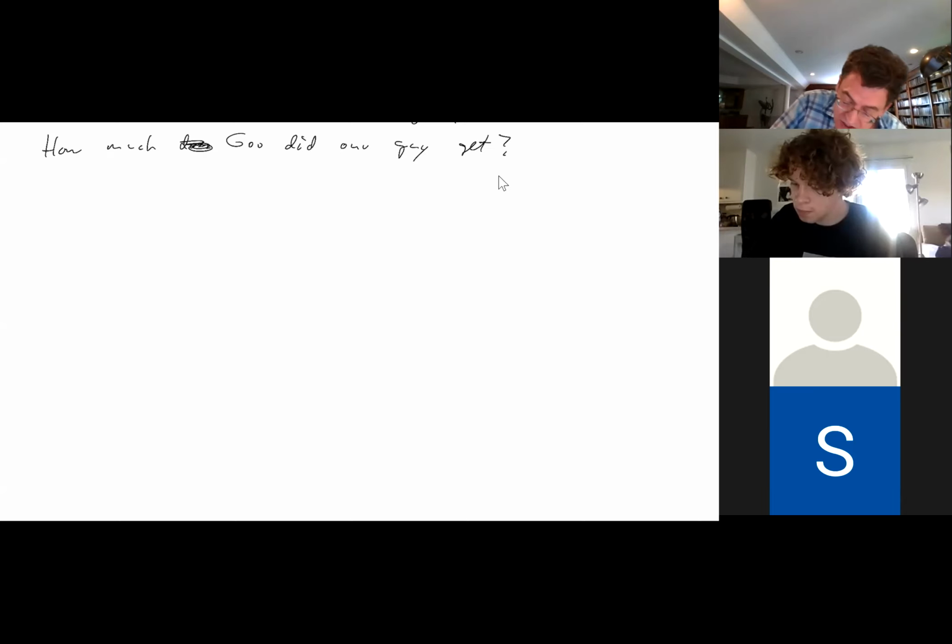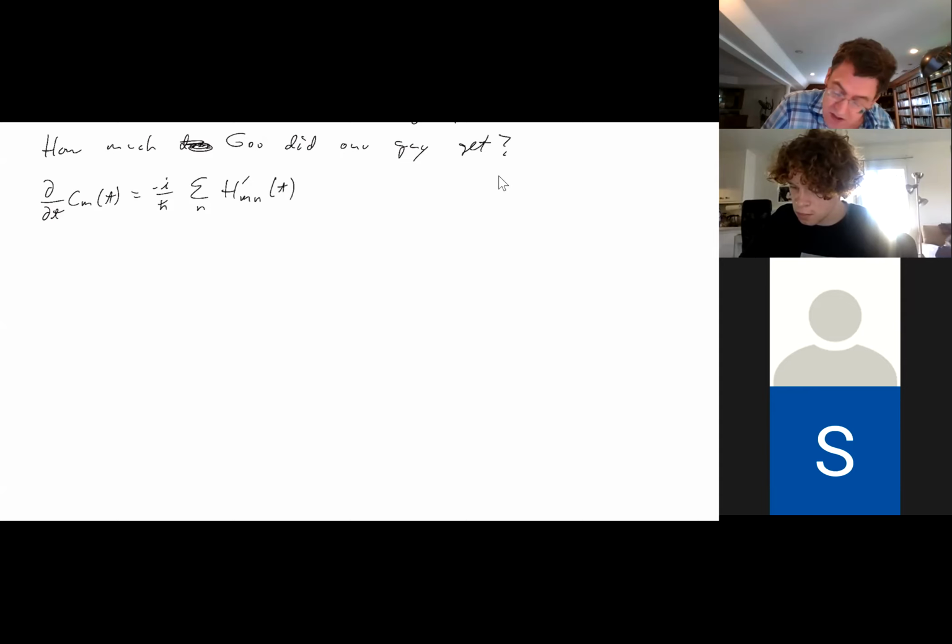So let's write down the equation. We know that the rate of change of the green goo that the nth level gets is going to be this complicated looking formula, and we've got to make it simpler. The H prime is connecting all the other levels to our level, our guy.